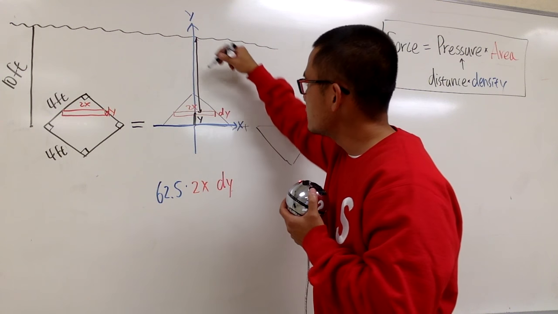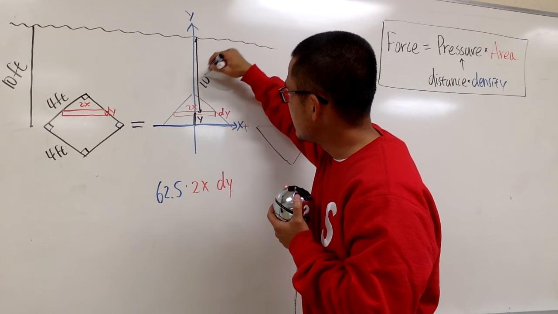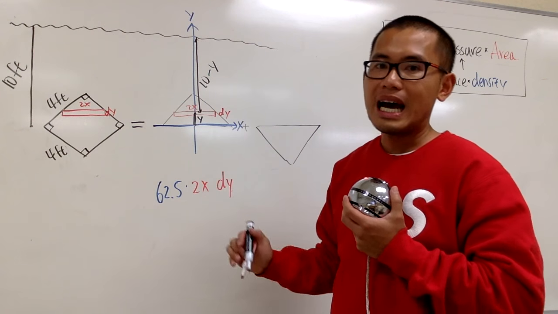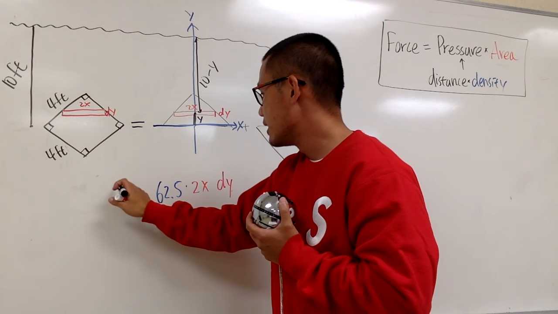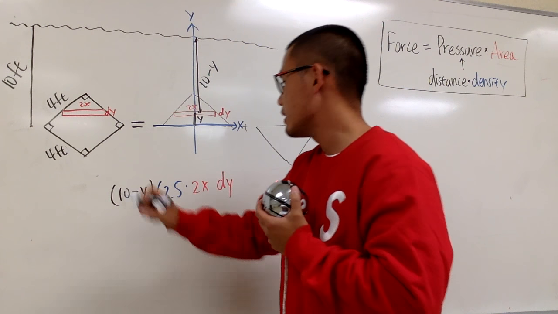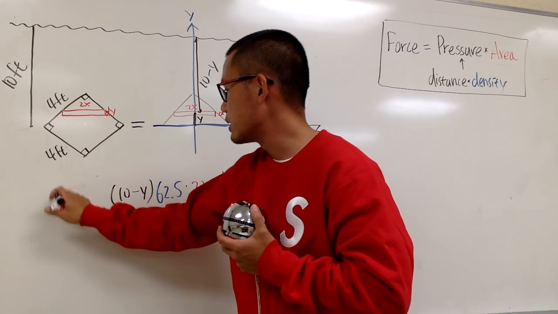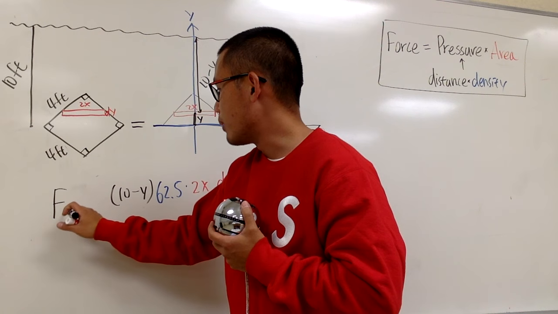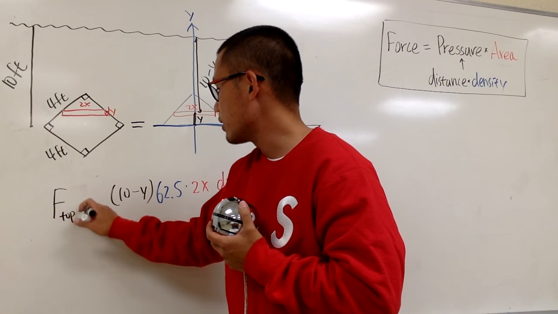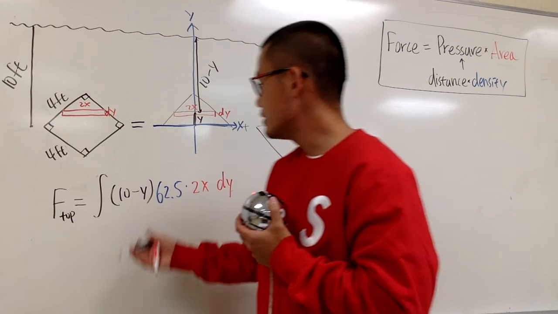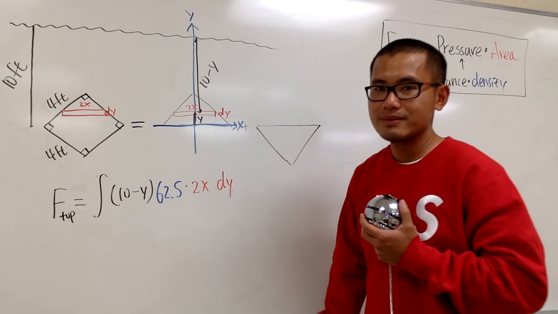This much is y, so that means this right here will be 10 minus y. That's all we have. So I have to multiply this by 10 minus y. That's it. And of course, this is the force of the top one, so I'll just put down the top triangle. And we have to use integration to add all the possible ones.